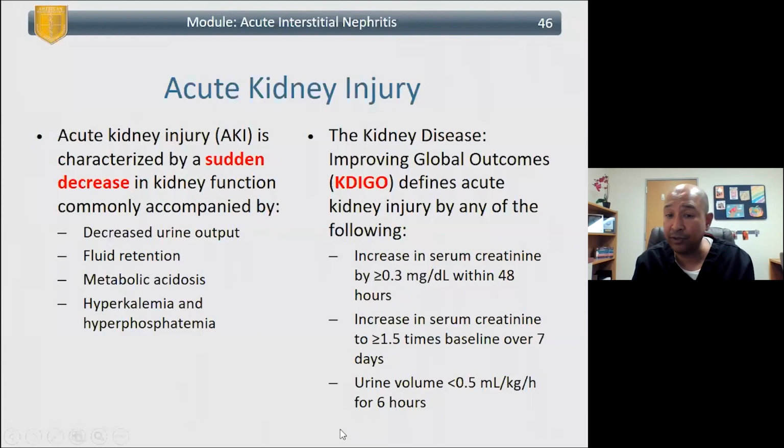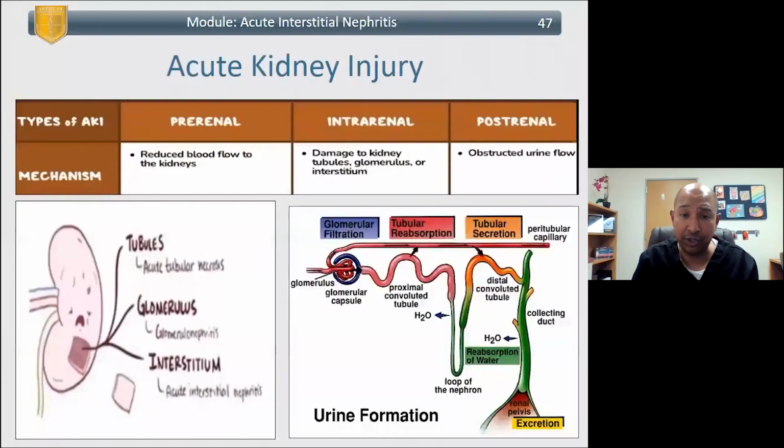The definitions include an increase in serum creatinine greater than 0.3 milligrams per dL within 48 hours, an increase in serum creatinine to greater than 1.5 times the baseline over 7 days, or a urine volume of less than 0.5 mLs per kilogram per hour for 6 hours. So these are some of the ways that KDIGO defines acute kidney injury.